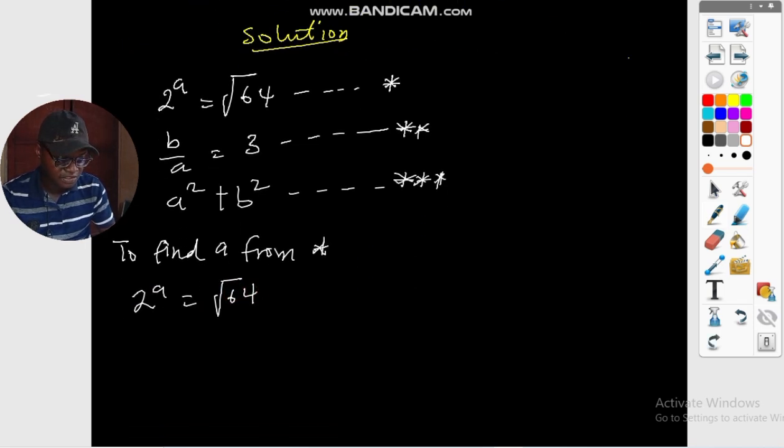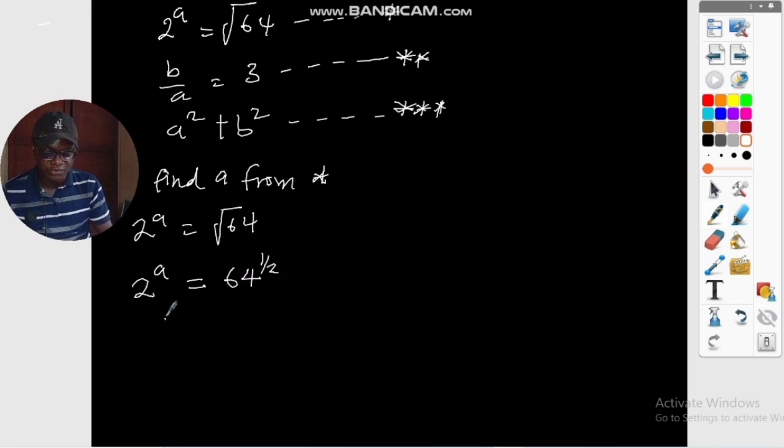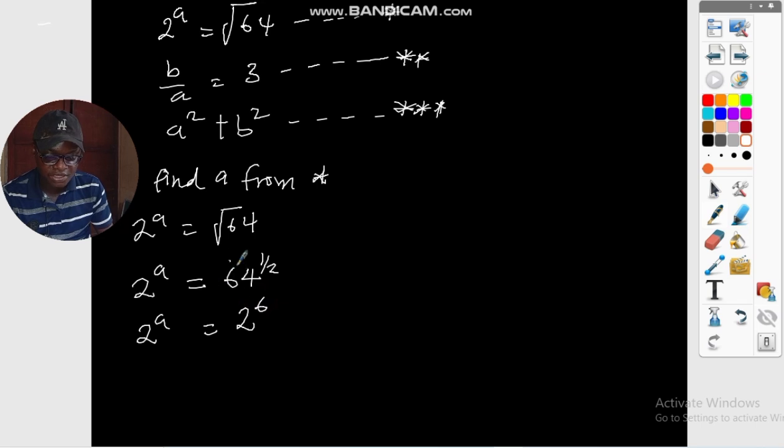We can look for a by simply equating the base. We have 2, which is a base here, and we can write the square root of 64 as 64 raised to the power 1 over 2. It's the same thing, right? Then we can go ahead to equate the base by saying 2 raised to the power a is equal to, now 64 we know is actually equal to 2 raised to the power 6, to give you 64.